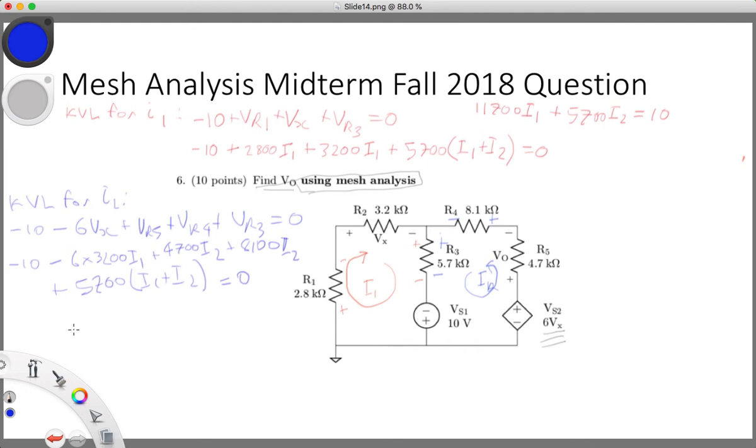So then let's see if I can add this up. This is 6 times 3000 is 18,000, 6 times 200 is 1200, so it's 19,200 I1, and plus 5700, so that's 25,500 I1.